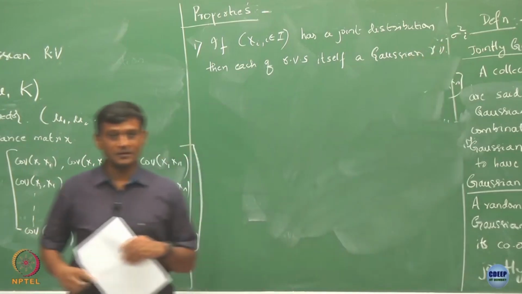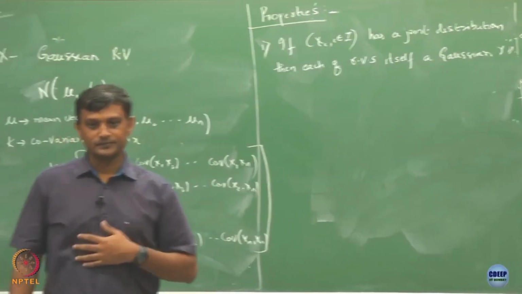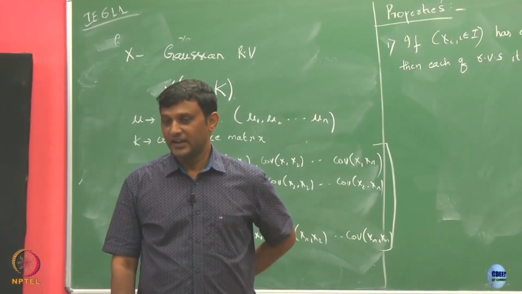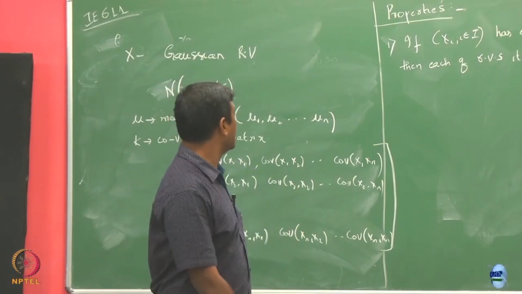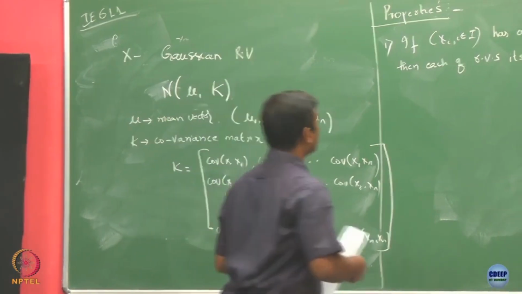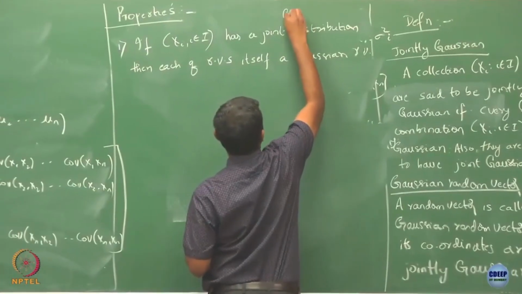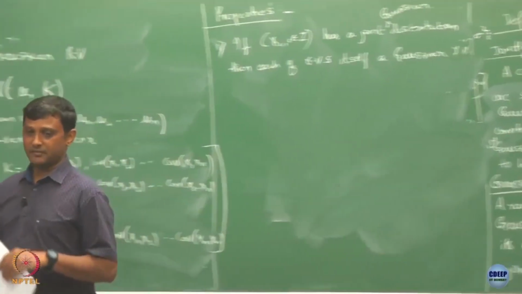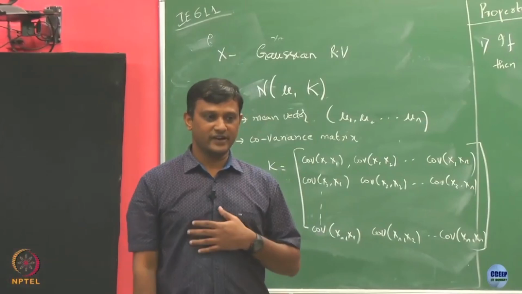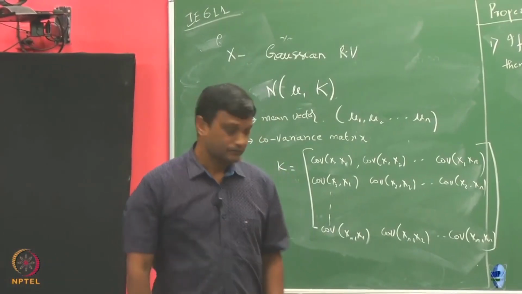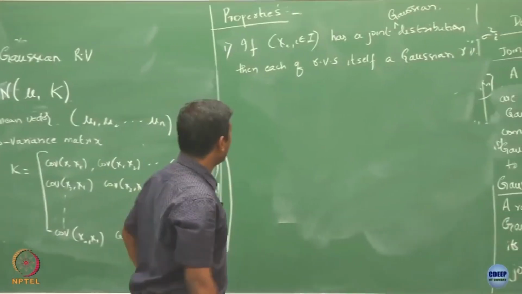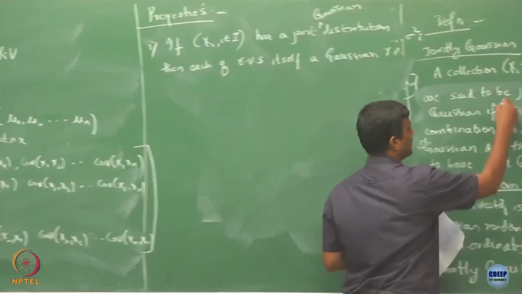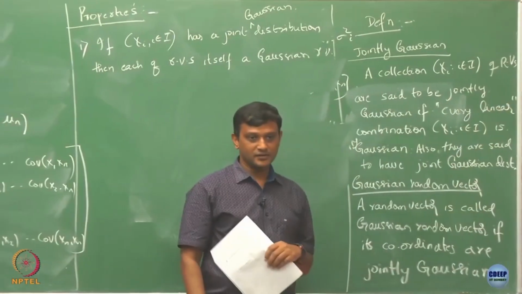Is this true? Why is that? I have a collection of random variables, and I am saying that if it has a joint Gaussian distribution, then each of the random variables is itself a Gaussian random variable. We have defined it like that. By definition of joint Gaussian, we want every linear combination to be Gaussian.